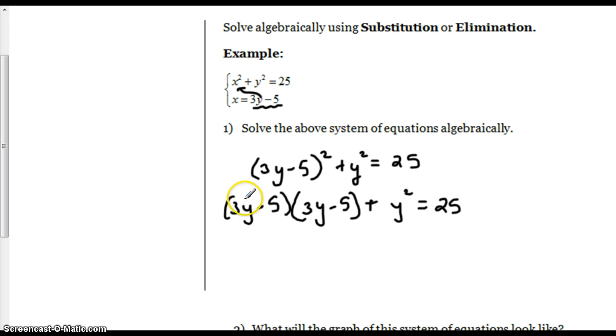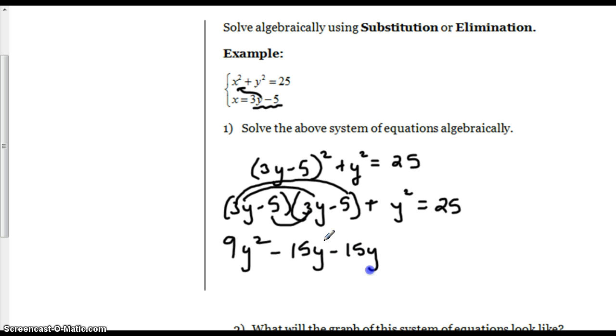So when I FOIL that, or you can use the box method, my first term is 9y squared. My outside terms are minus 15y. My inside is another minus 15y. And then my last terms would be negative 5 times negative 5, so that would be positive 25.